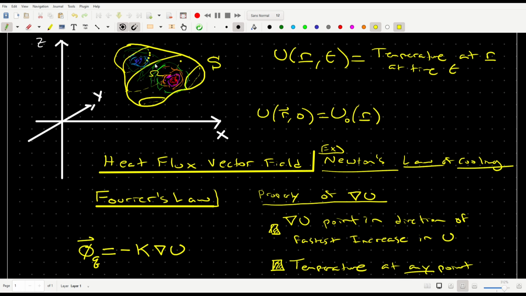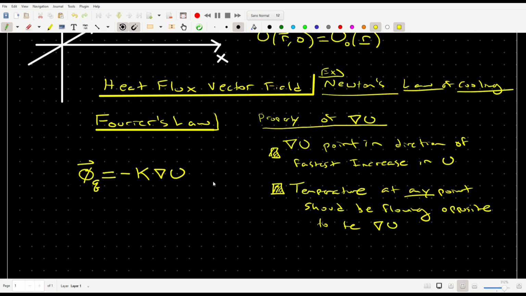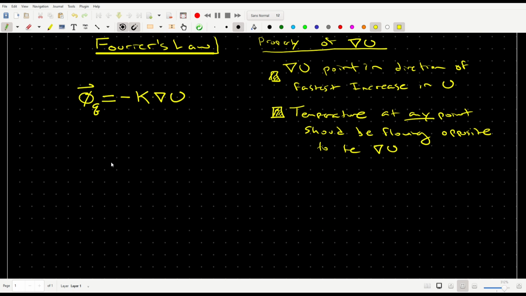For any surface S that's nice enough, and also this vector field has to be nice enough to apply the divergence theorem, we can find an accumulation of flux of heat energy through the surface by taking the surface integral of this vector field.